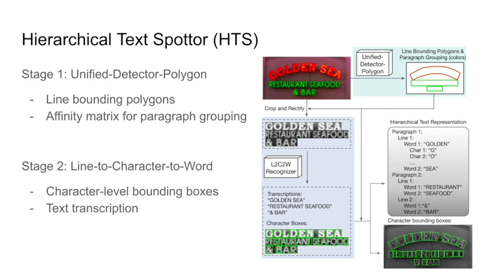In the second stage, we have a line-to-character-to-word recognition model, where the inputs are text lines. The outputs are bounding boxes of each character and also the classes. Note that this recognizer also outputs spaces, which we use to decompose text lines into words.